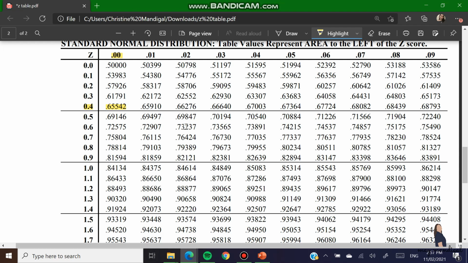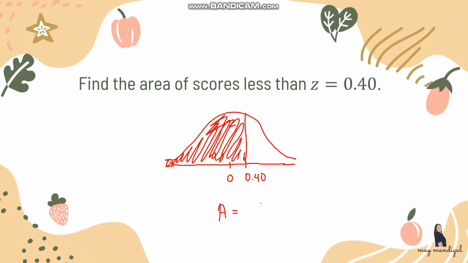So that will be the area below or less than the z-score of 0.40. So let's write here 0.65542. And again, if you're going to convert it into percentage, that is 65.54%, rounded off already. And that means from your set of data, 65.54% of that falls below the z-score of 0.40.